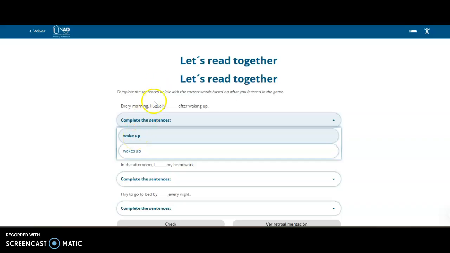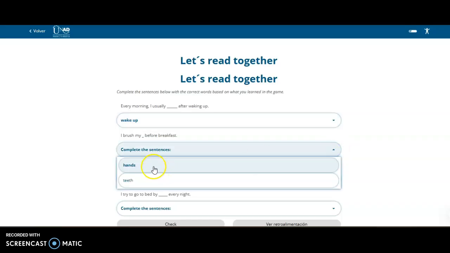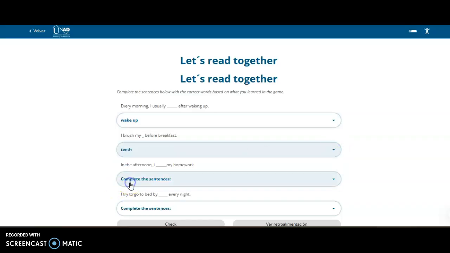In that case, students need to know that it is wake. I usually wake up. After waking up, then I brush my what? Before breakfast. What do they brush, hands or teeth? Then we have, in the afternoon, I what kind of activity?